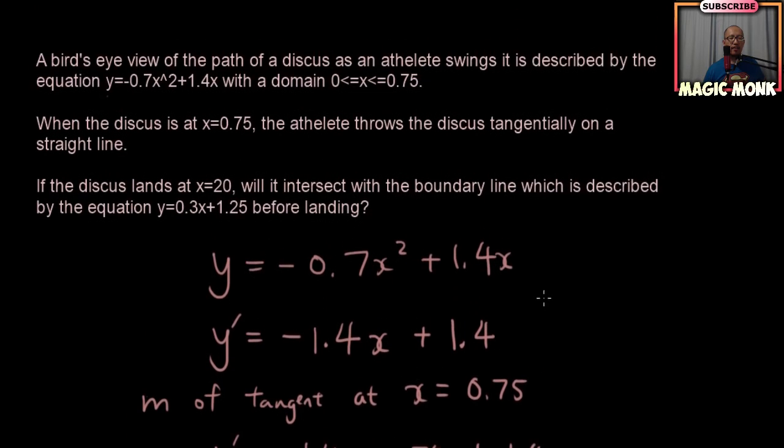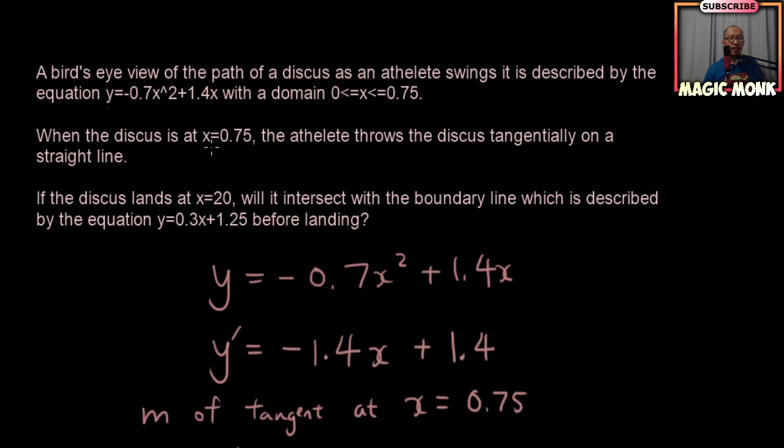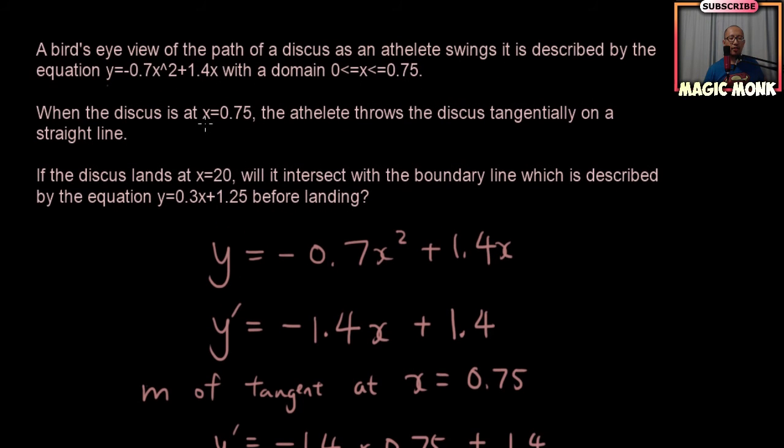In order to find c, we need to know the x and the y coordinate where the tangent line is touching the graph. So we're going to substitute in the x and the y coordinate. The x coordinate is 0.75. We don't know what the y coordinate is, so we've got to find that. You're going to substitute x into the original equation to help you find the y coordinate.